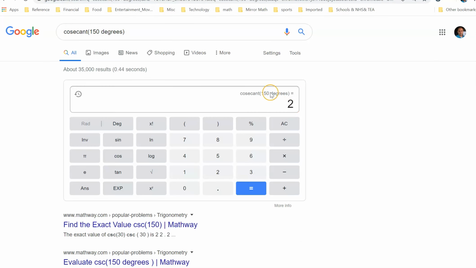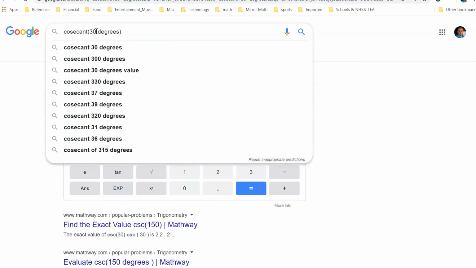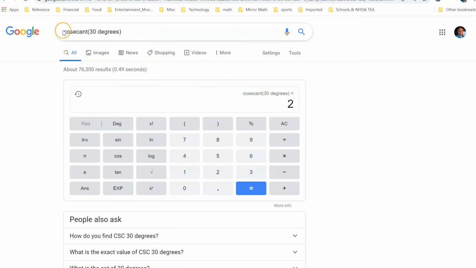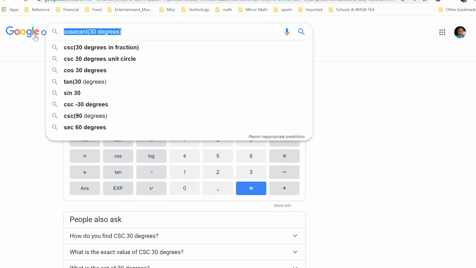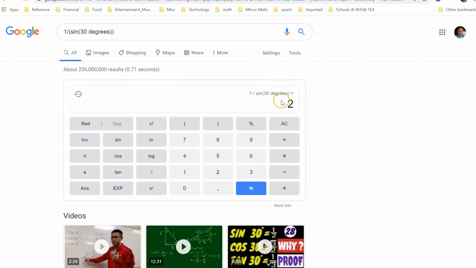There we see it. Now I can evaluate cosecant of 30 degrees. It's also going to be 2. Exactly the same. And now I will evaluate 1 over sine. There we go. And that is 2.